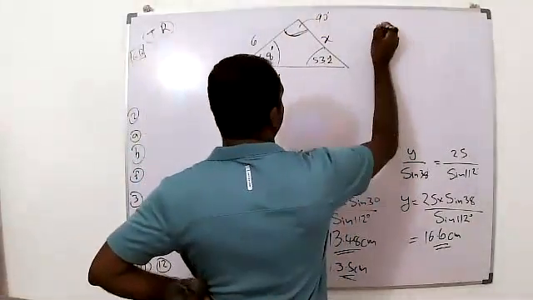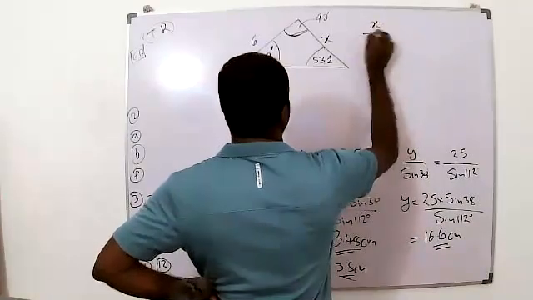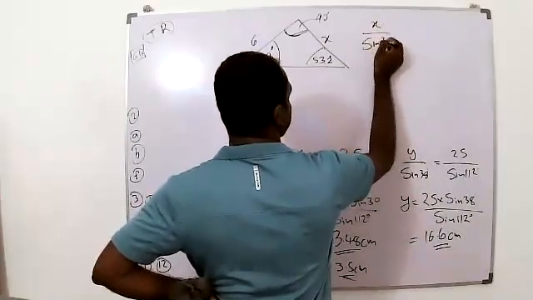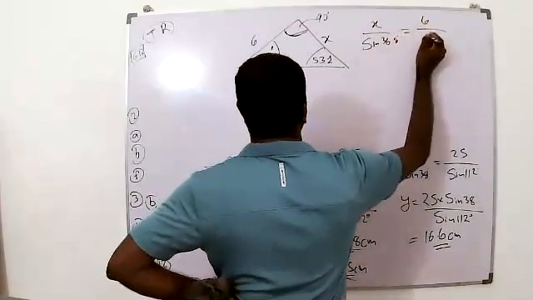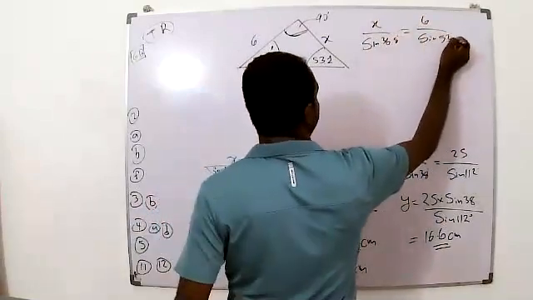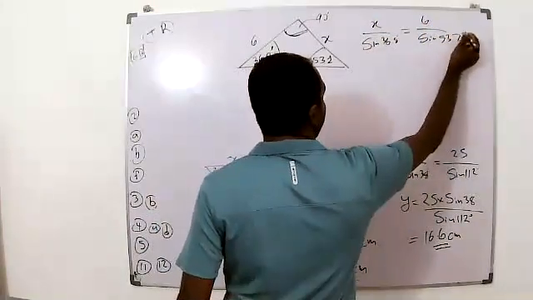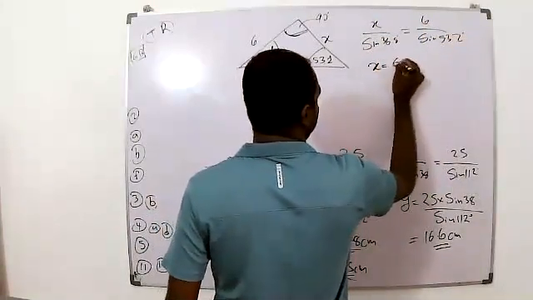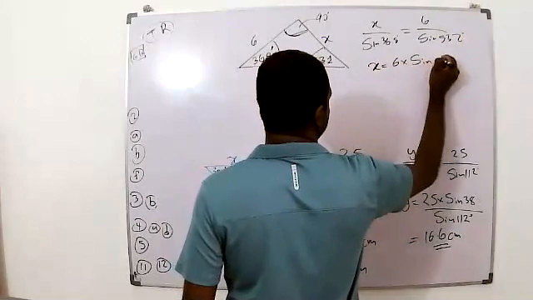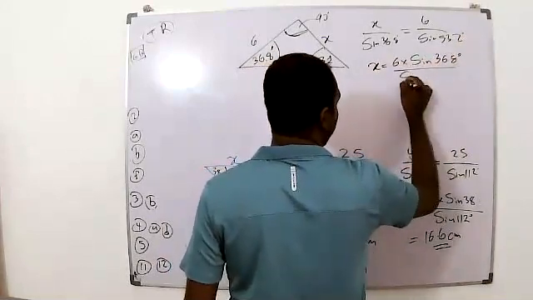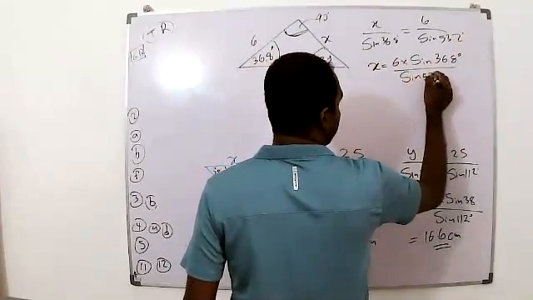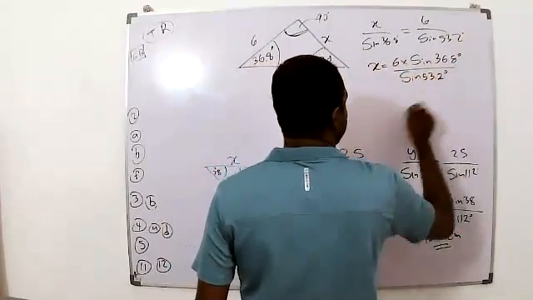So for x, we can write x divided by sine 36.8 equals 6 divided by sine 53.2. So x equals 6 times sine 36.8 degrees divided by sine 53.2 degrees.